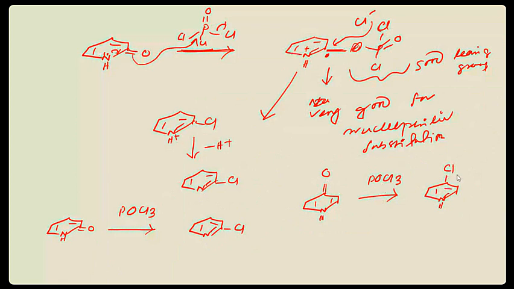Then what we learned is that pyridine is very bad at electrophilic substitution because the electron cloud is tightly bound by nitrogen. Then how do we carry out electrophilic substitution on pyridine?